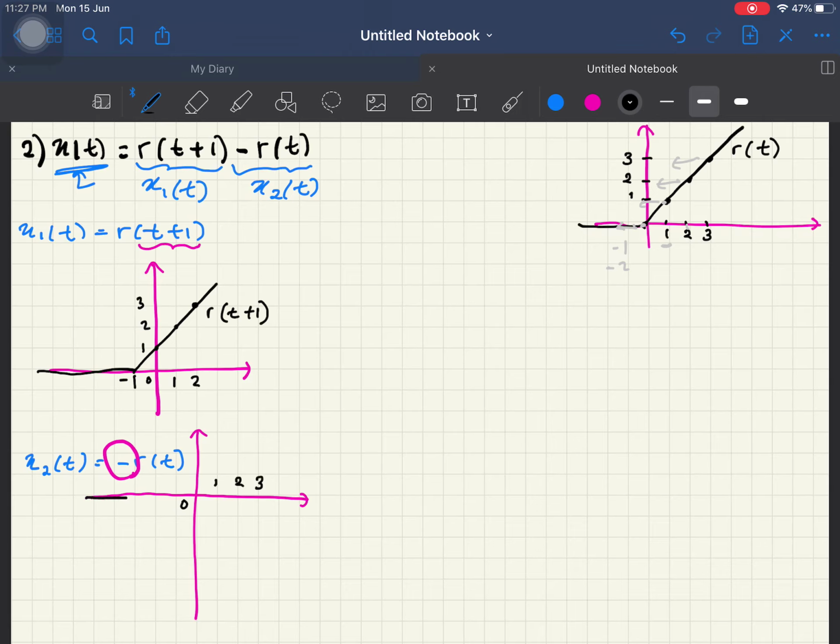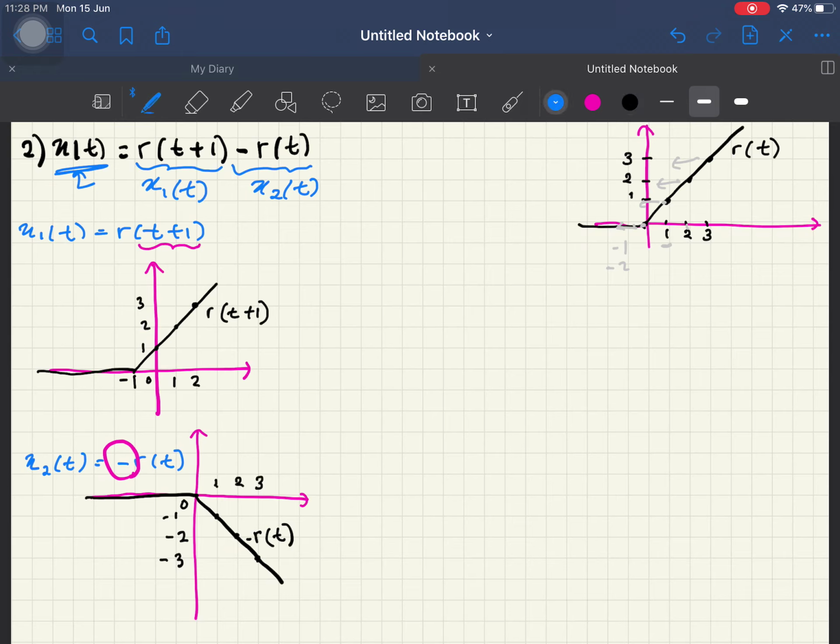You will have 0 value until t equals 0, and then at t equals 1, you have an amplitude of -1. At t equals 2, you have an amplitude of -2. At t equals 3, you have an amplitude of -3. If I plot this, this is actually a ramp signal of slope -1, with no time shifting.